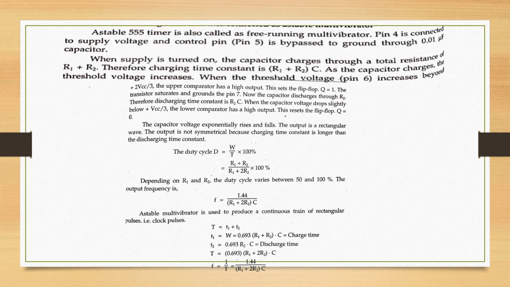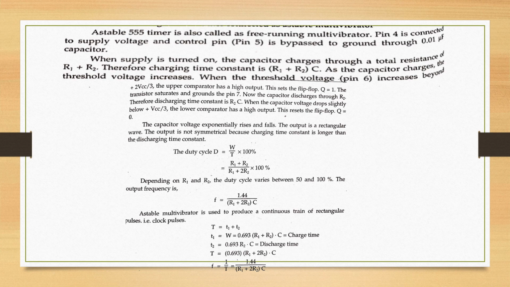This formula is required while designing the circuit. Then we can find out the total frequency. Frequency can be calculated with the help of the formula 1.44 divided by (R1 plus 2R2) into C. The total time period is equal to T on plus T off, and it depends on the width of the pulse also.